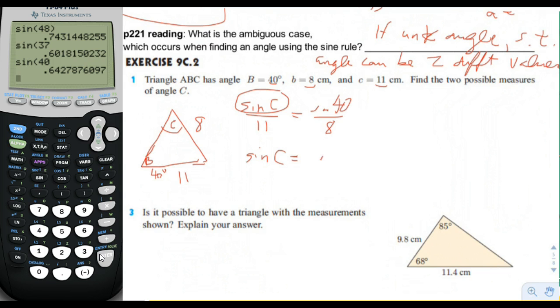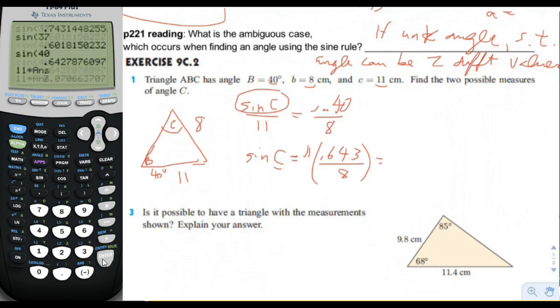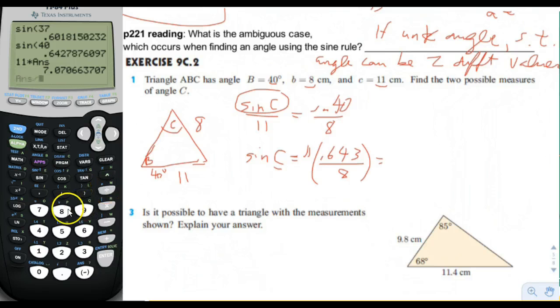So we're going to take 0.643 divided by 8 multiplied by 11. So that's 11 times 0.643, which is 7.07. I'm going to divide that by 8. So it's 0.884. Okay? So what angles have a sine of 0.884?